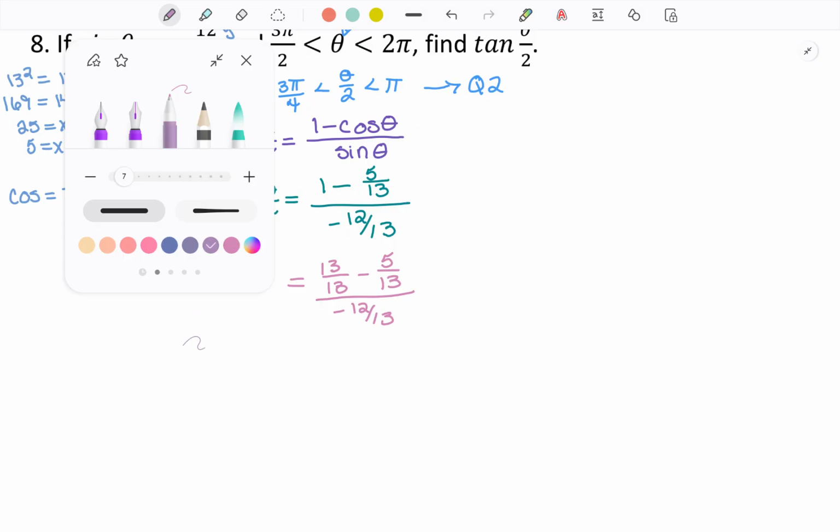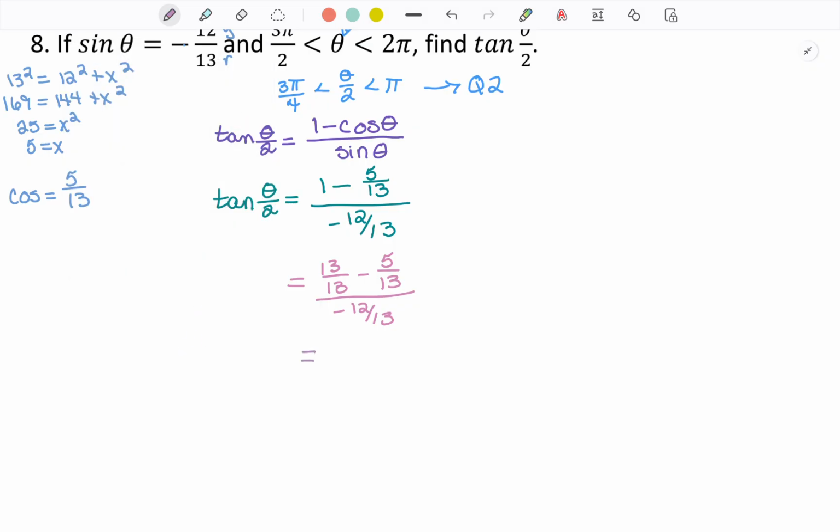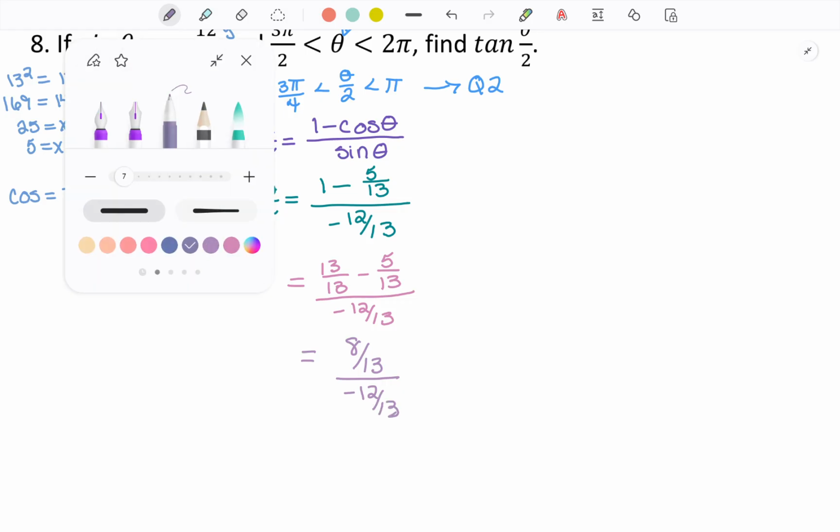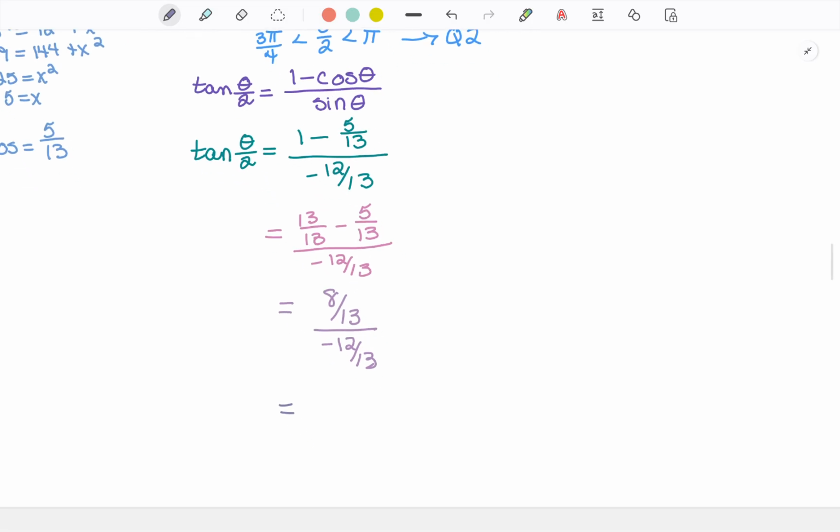And so we will go ahead and subtract. And so we have 8 over 13 over negative 12 over 13. And so flip and multiply, so 8 over 13 times 13 over negative 12.